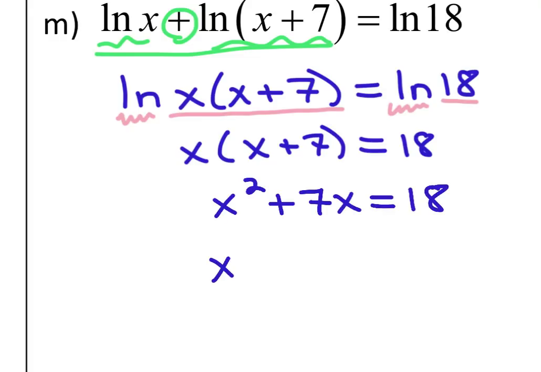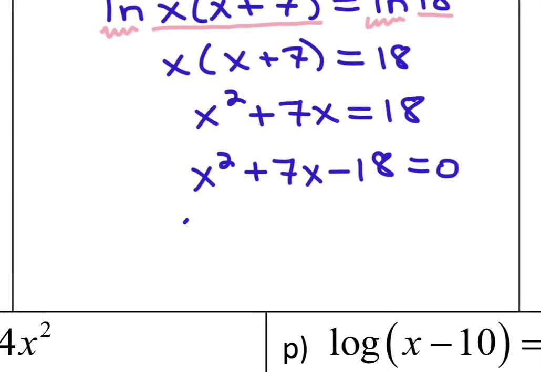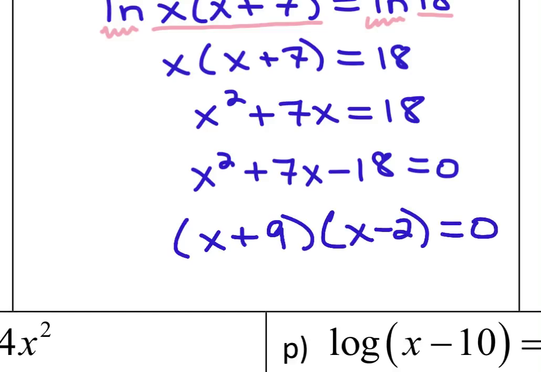I'm going to subtract 18 from both sides. And then I'm going to factor. And then I'm going to solve each of the factors for 0. So x equals -9 and x equals +2.